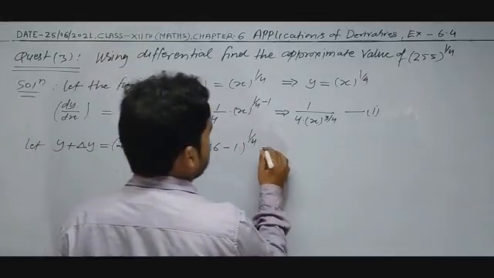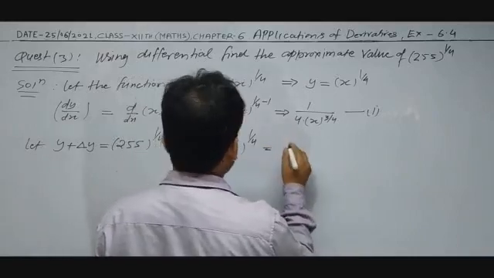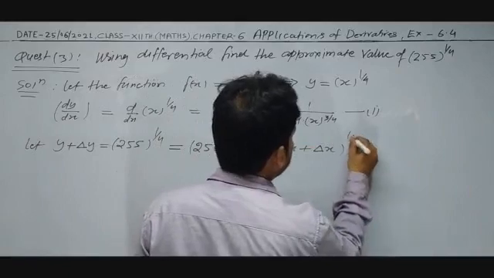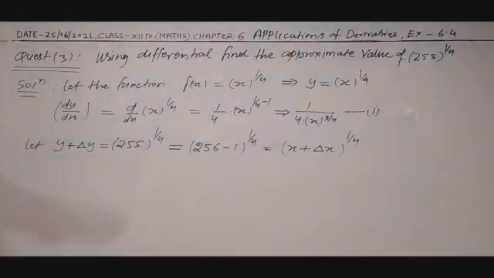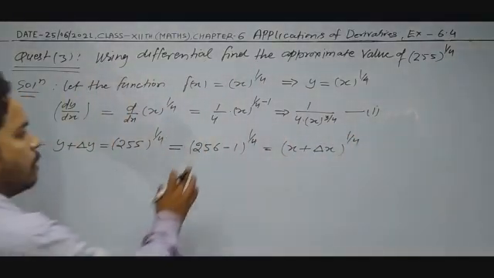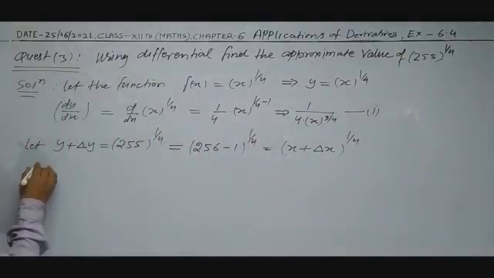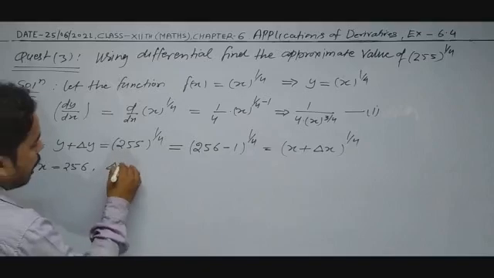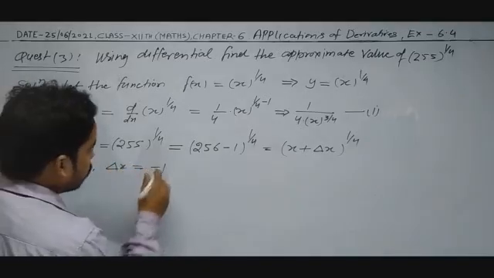And this is of the format x plus del x to the power 1/4. When you compare these two terms, you will get x is equal to 256 and del x is equal to -1 with sign.